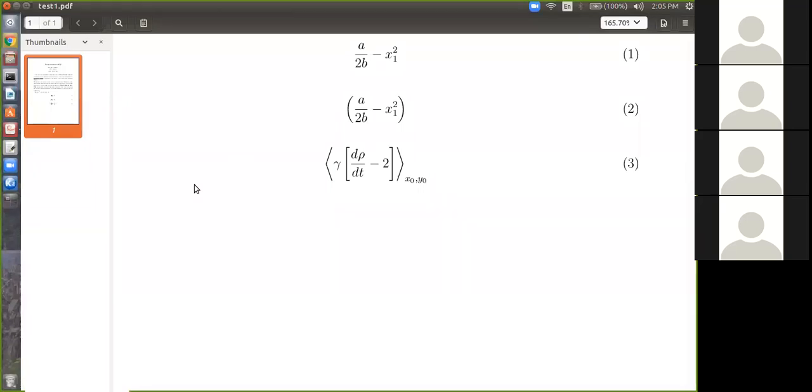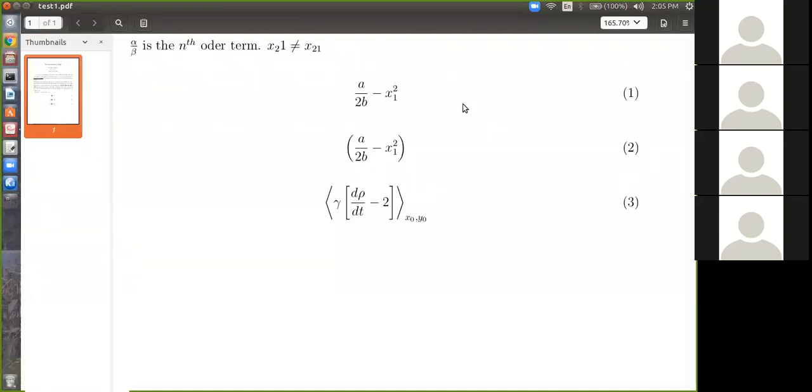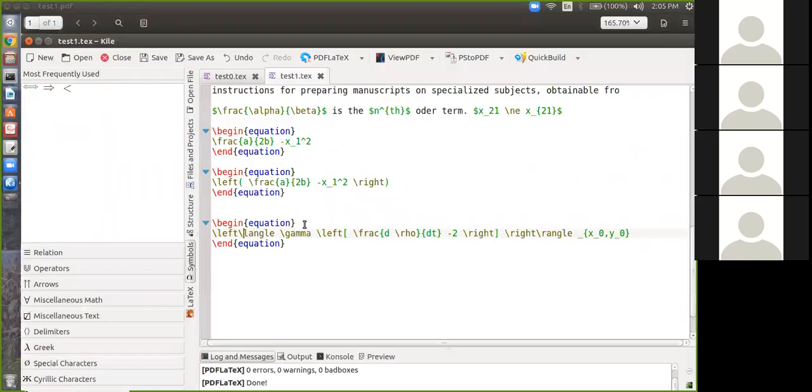Okay. Now you see equation numbers are coming, 1, 2, 3, but sometimes we don't want any numbers. Say this equation is not that important. Then you don't want any equation number.